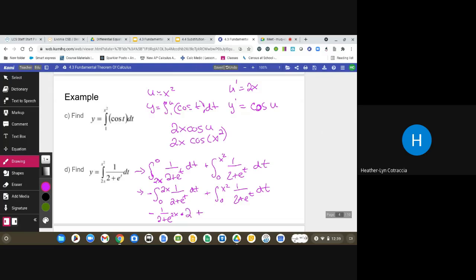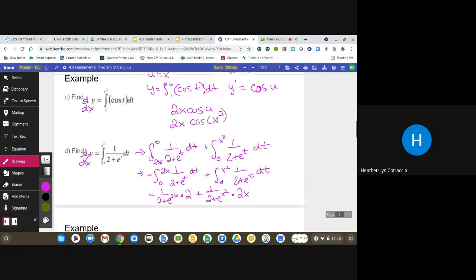And then plus, same thing over here, 1 over 2 plus e to the x squared, so I just replace that t with an x squared, and then that's going to be times 2x because that's the derivative of that upper function there. Okay, so these are derivatives. So I'm finding the derivative of each one of these. And remember, derivatives and antiderivatives are inverses.